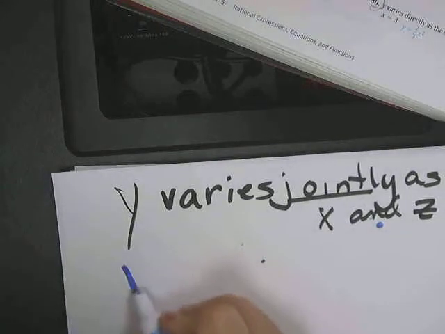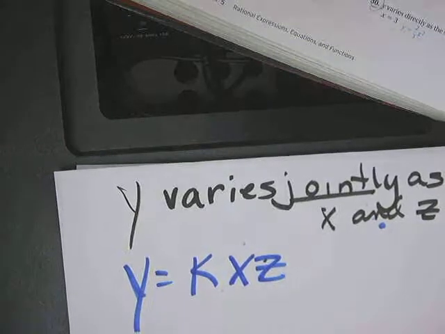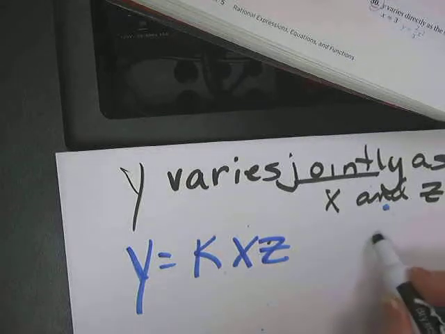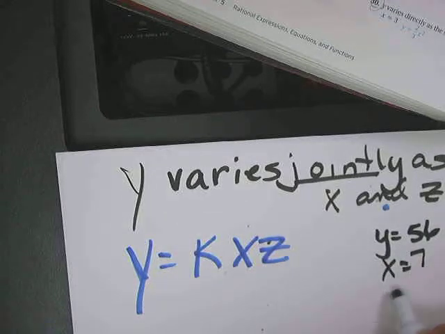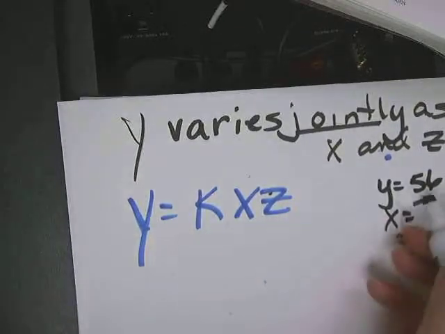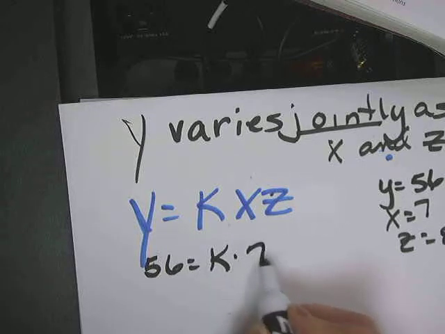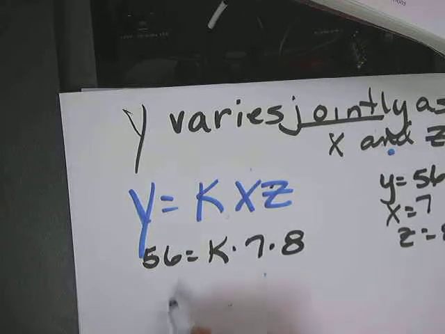Y varies jointly as X and Z. If it varies jointly, that means they're going to be multiplied by each other, X and Z, both of them.